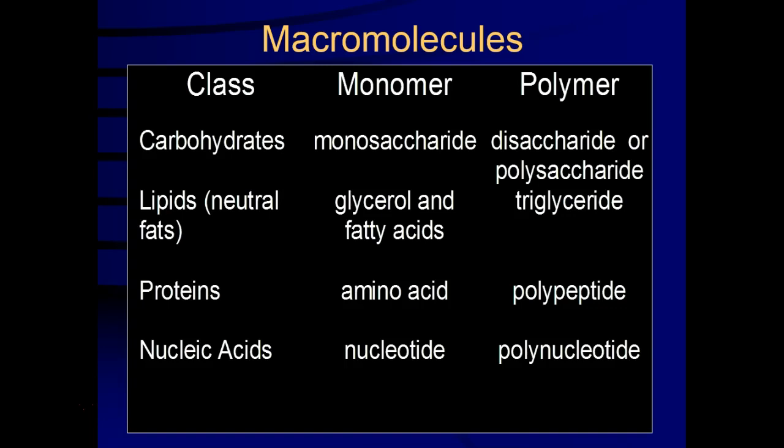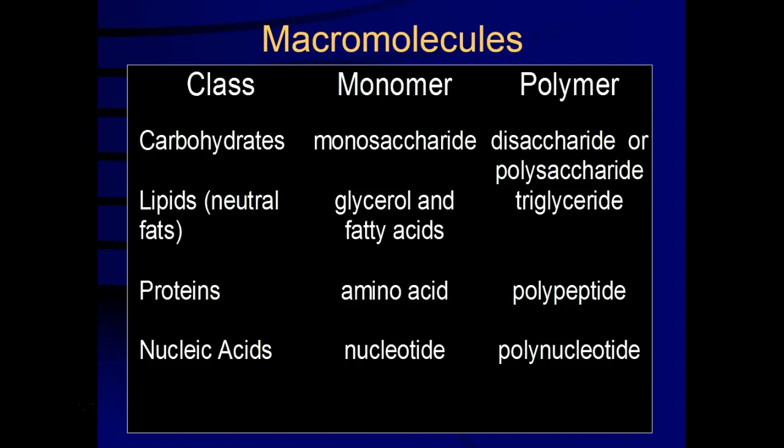So let's talk a little bit about them. The first one, carbohydrates. The monomer of carbohydrates is called a monosaccharide. Mono, you saw, was one. If you guess, saccharide just means sugar, so it means one sugar. Turns out there are a couple types of polymers for carbohydrates, so I'm having you learn two.